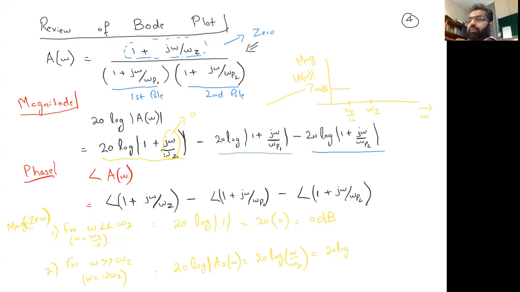We are having a very much bigger value, which will be depending on this omega z factor, and that will ultimately result in this term. If I have a bigger value depending on this factor, then I can easily write this as 20 log omega by omega z.